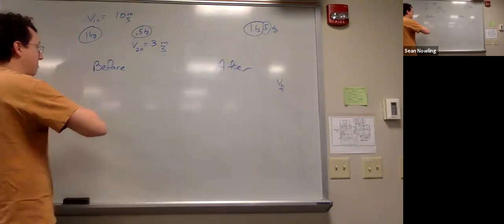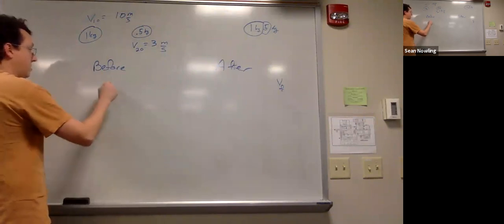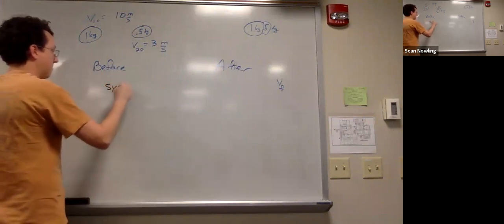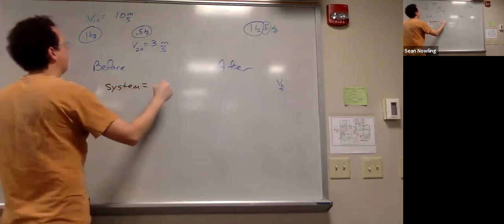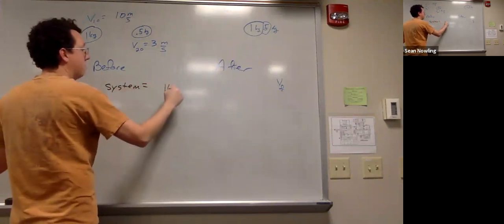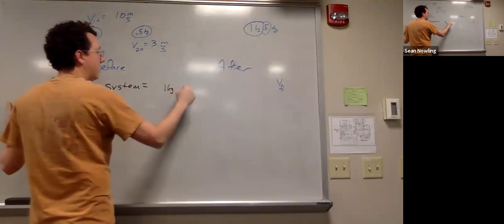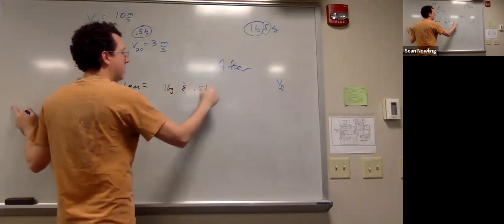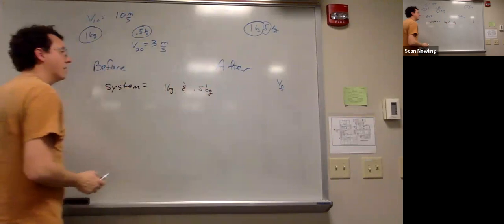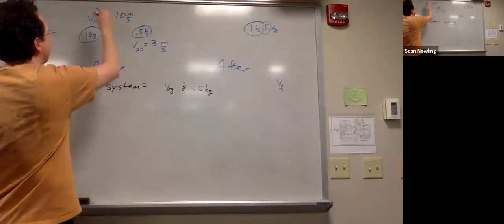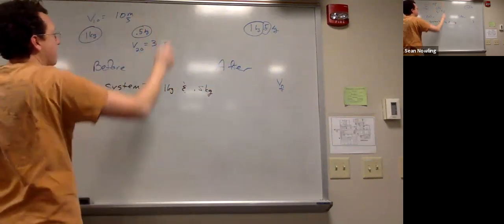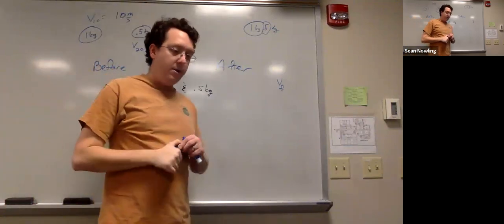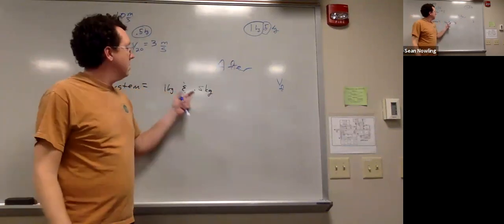So step 1, choose the system. That'll be the 1 kilogram mass and the 0.5 kilogram mass. Mentally I'm imagining a bubble wrapping around the pair of them, separating them from the rest of the universe.